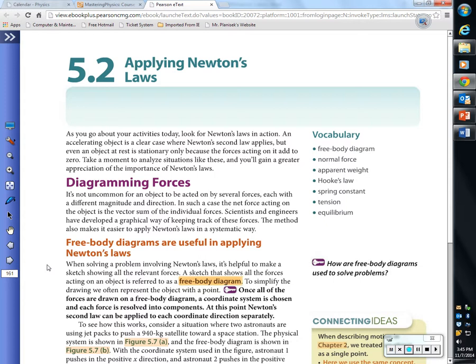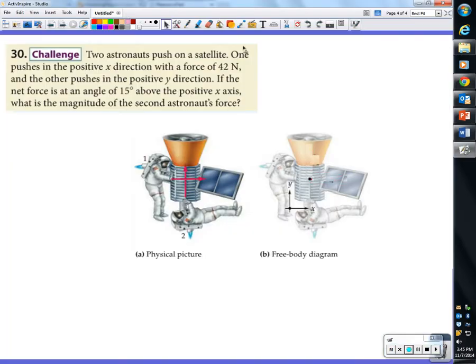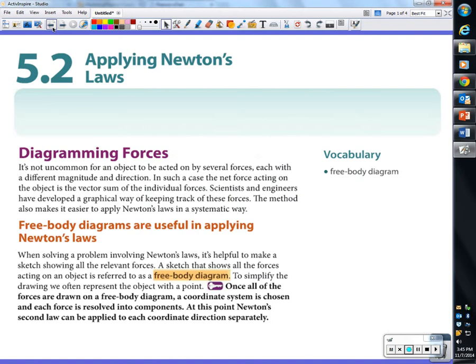So the first part that we need to talk about before we do that is the top of your sheet, and it says diagramming forces, and more importantly, free body diagrams are useful in applying Newton's laws. So first, free body diagram.